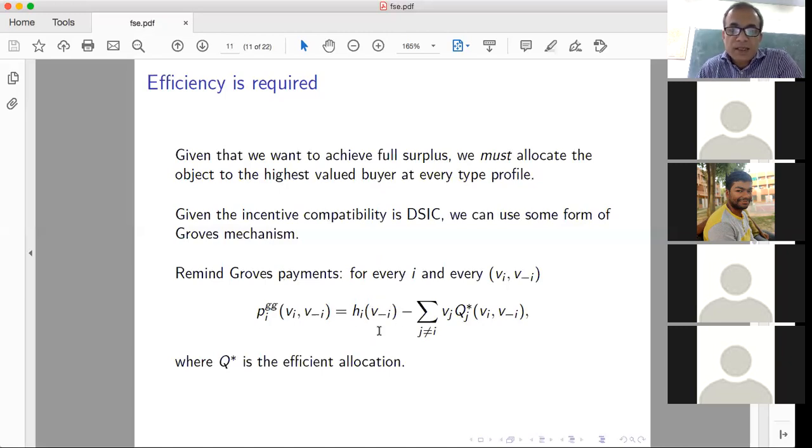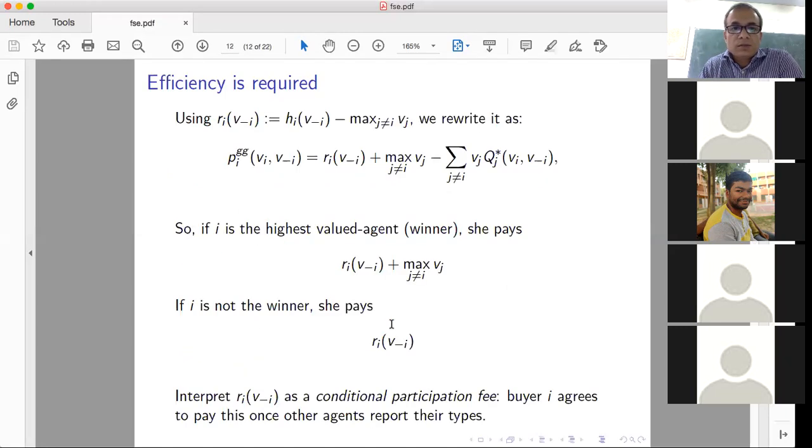So what I'm going to do is a simple trick. Here h_i(v_{-i}) is a function of the types of the other agents. So I'm going to define another function which I'm going to call r_i(v_{-i}). This r_i(v_{-i}) is basically h_i(v_{-i}) minus max over j not equal to i of v_j. So this is like the second highest value.